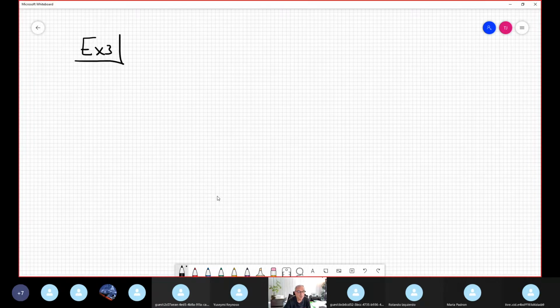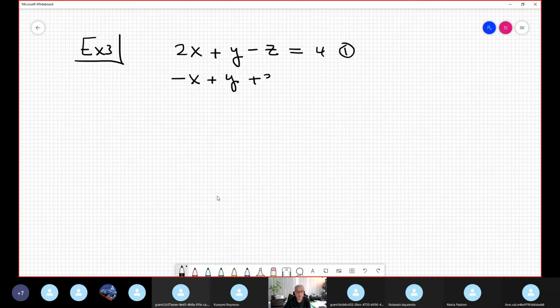Example 3 is 2x plus y minus z equal 4. Equation 1. Minus x plus y plus 3z equal 1. Equation 2. So we have only 2 equations and 3 variables.